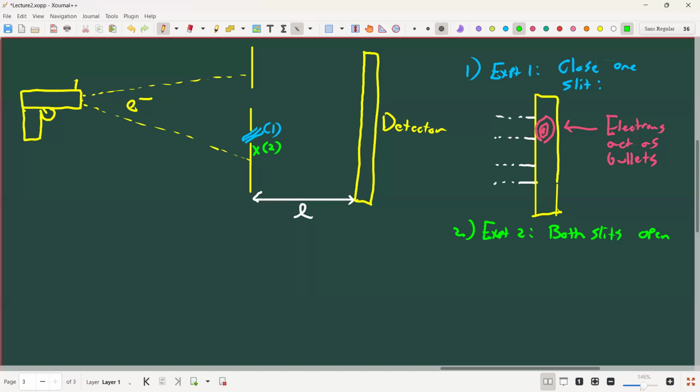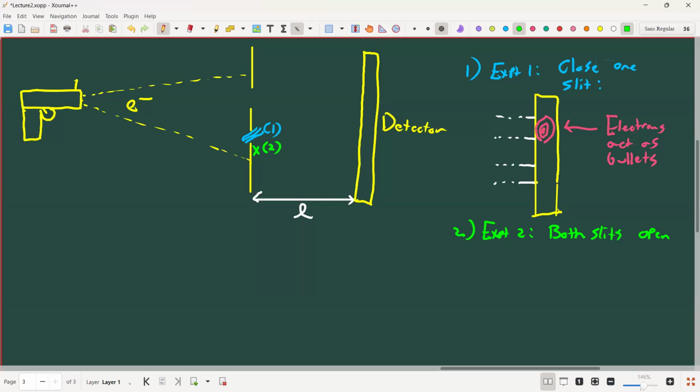And now the particle has 2 choices to go through. It can go through 1 or go through 2. All right, so if these were billiard balls or actual bullets, you would see bullet patterns, or bullet sprays, at both slits. If they were pool balls or 9mm bullets.